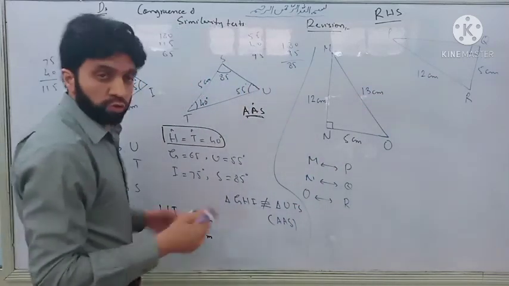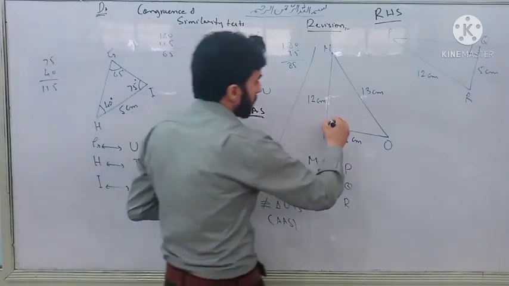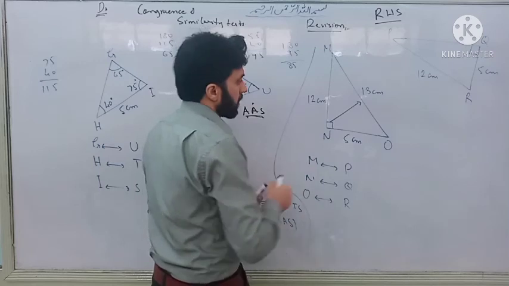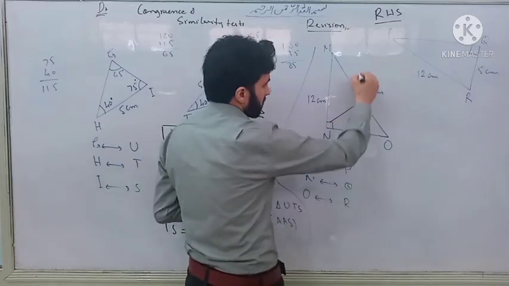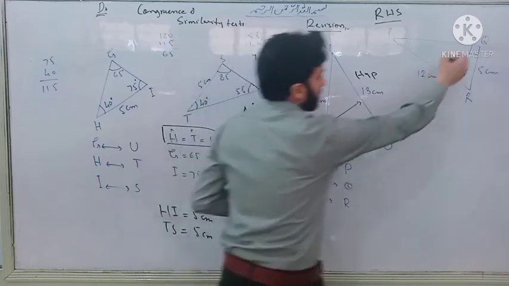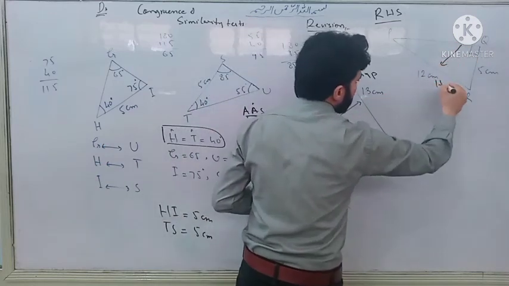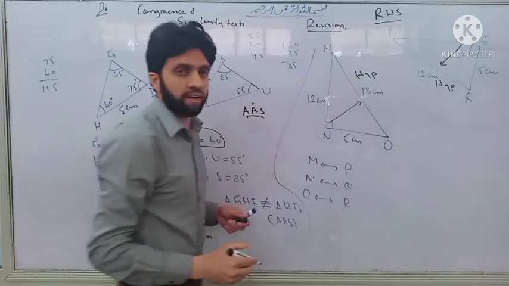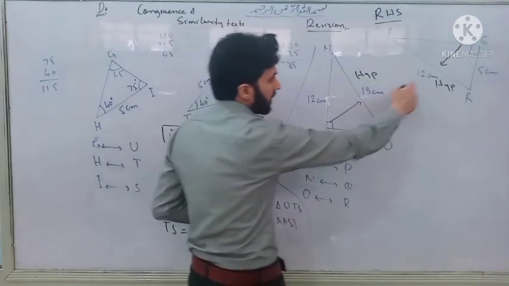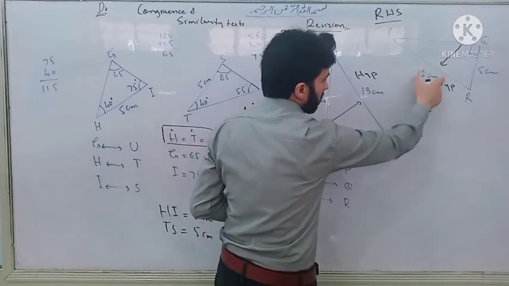So you can see that the hypotenuse is not the same. Very easy question, because this is the hypotenuse side directly opposite to the 90-degree angle, and this is the hypotenuse side directly opposite to the 90-degree angle. Here the hypotenuse is 13, here the hypotenuse is 12.